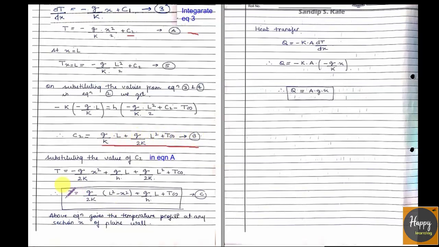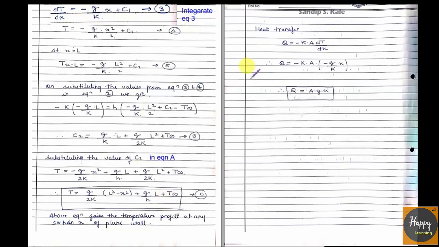After the necessary simplification, you get the equation in this form, which I have highlighted in a rectangle. So this is the equation of temperature profile at a distance x. The same we found for the plane wall which was exposed to convection on both sides. So this is the temperature distribution profile equation.